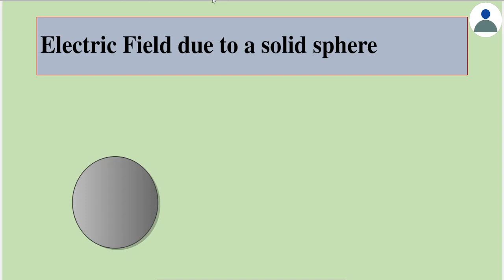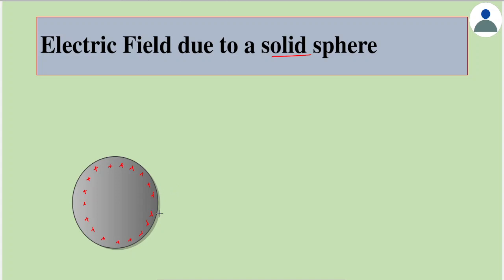The next case is to find the electric field due to a solid sphere. A solid sphere basically means a sphere which has mass everywhere inside it, which means it will have charge everywhere inside the sphere. Let us assume that it is having positive charge. Unlike the previous case, where the charge was present only on the surface, here the charge is distributed over the entire sphere.